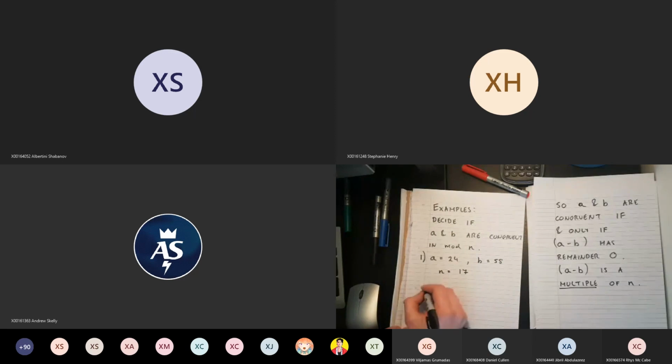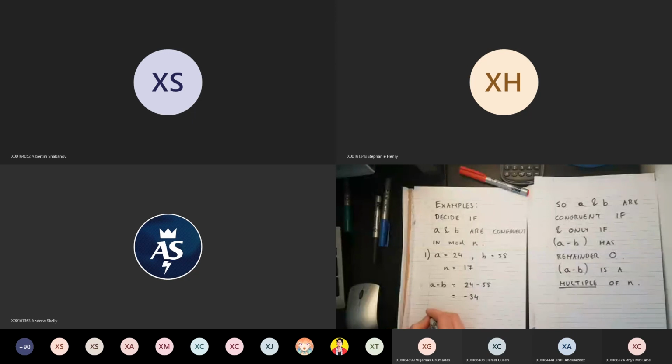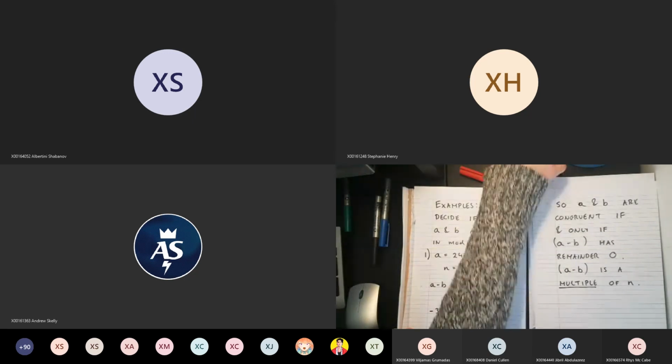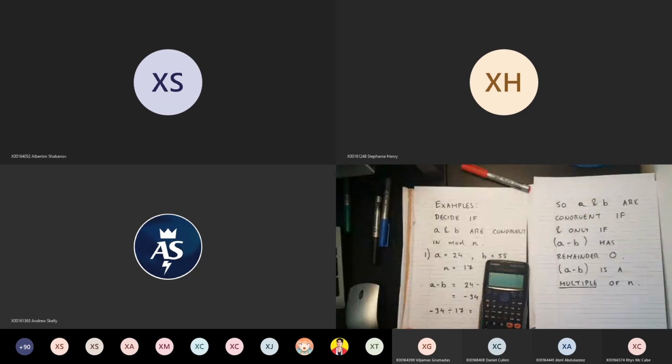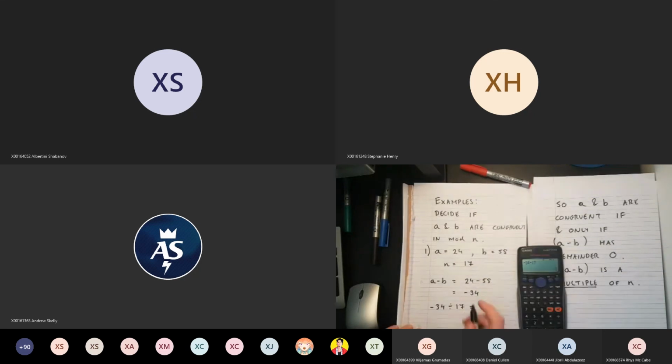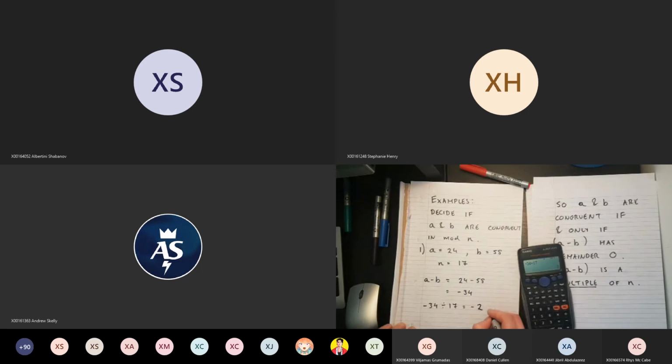All I'm going to do is take A minus B, and I see that that's 24 minus 58, which is a total of minus 34. Now I divide minus 34 by 17, and the answer I get is minus 2 with no remainder.